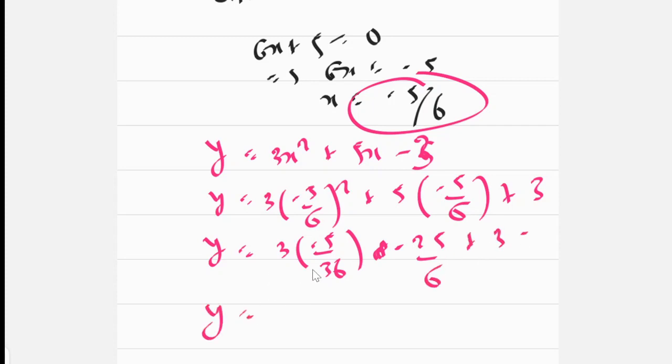Then my y will be 75 over 36 minus 25 over 6 minus 3 over 1.